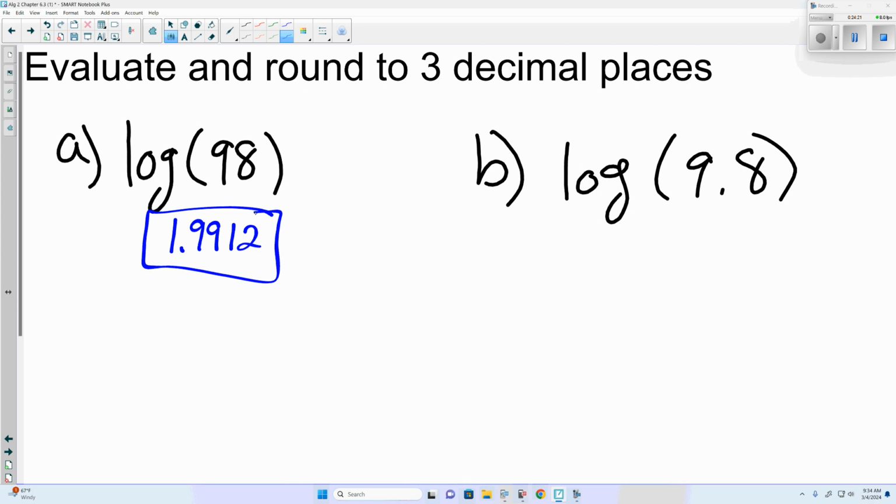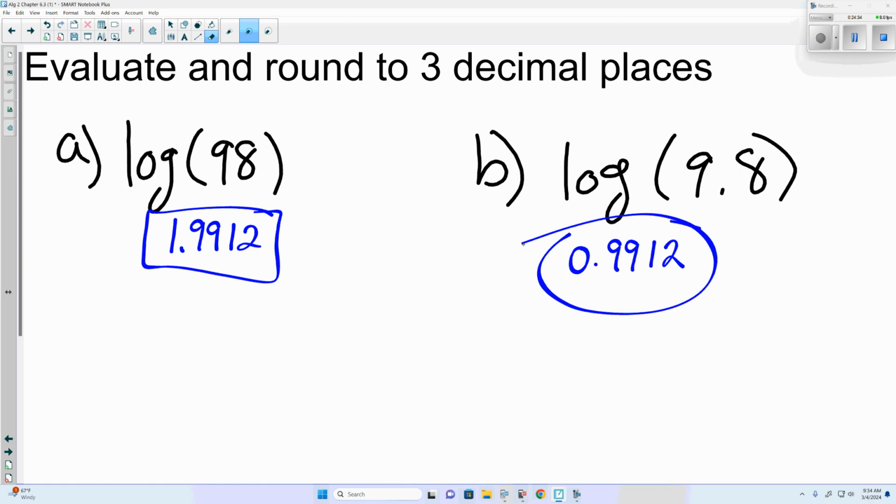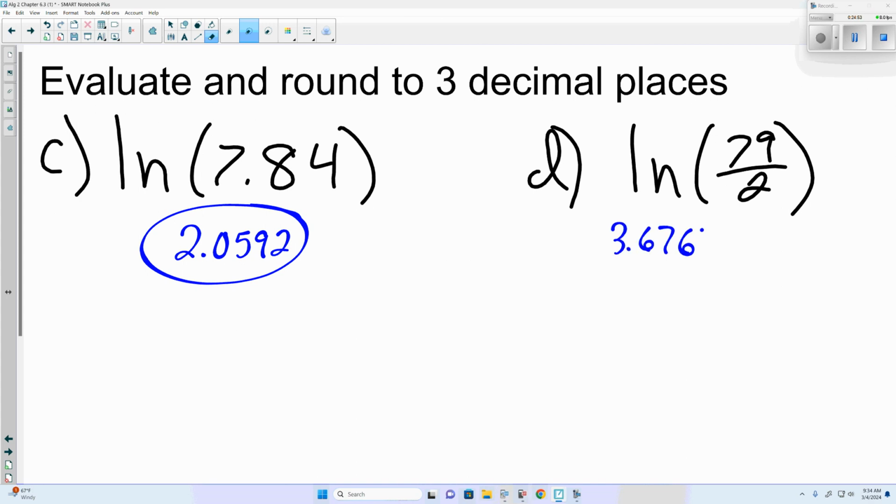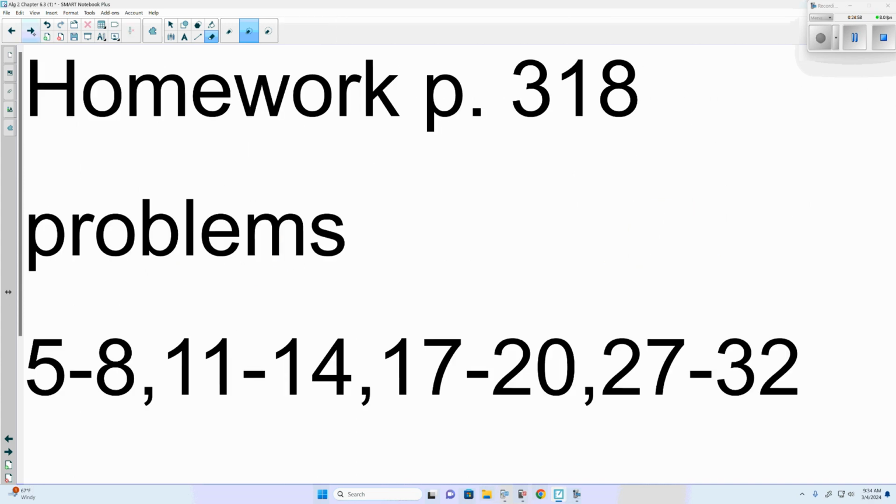Log of 9.8. 0.9912, yep. And that'd be correct. ln of 7.84. And the last one, the natural log of 79 over 2. 763. That's it.